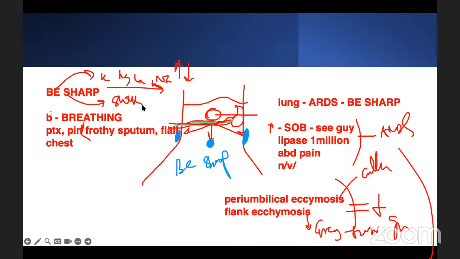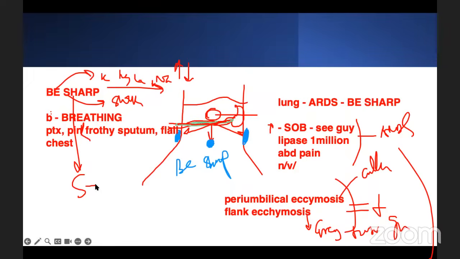Tachypnea, hypotension, yes. And sepsis, if I give you somebody with a temperature of 103, that's not sepsis. You have to have more. So no, that's why you don't follow just temperature. Look at the situation. Appendicitis with a temperature of 103 is not sepsis. Sepsis is a collection of things.